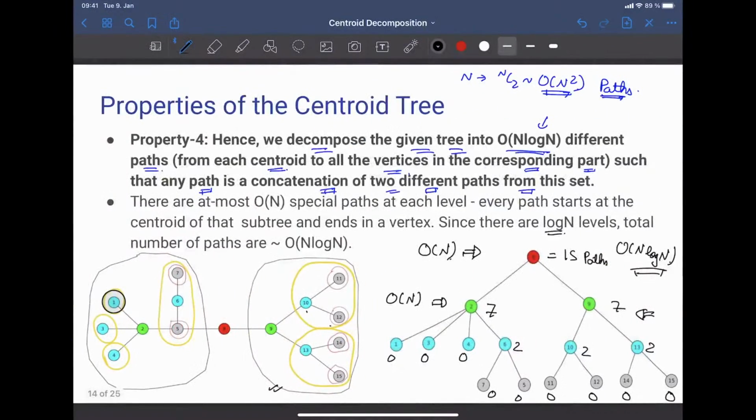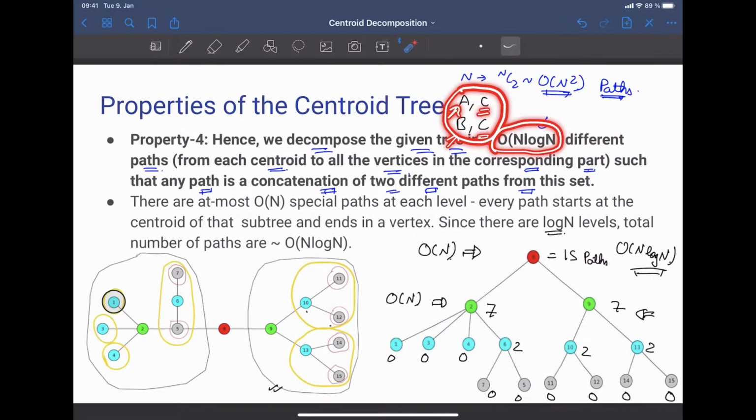And in property 4, we say that these two paths, the path starting at A and ending at centroid C, and the path starting at B and ending at centroid C, both of these are part of the special n log n paths that we are processing, because both of these start at a centroid and end at a node in the component of the centroid.